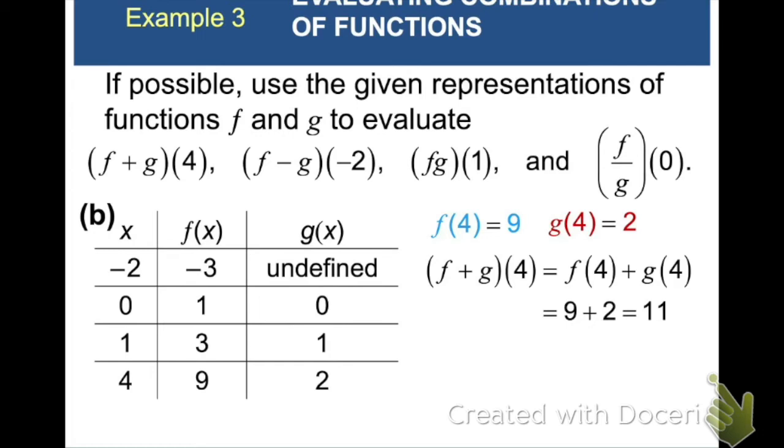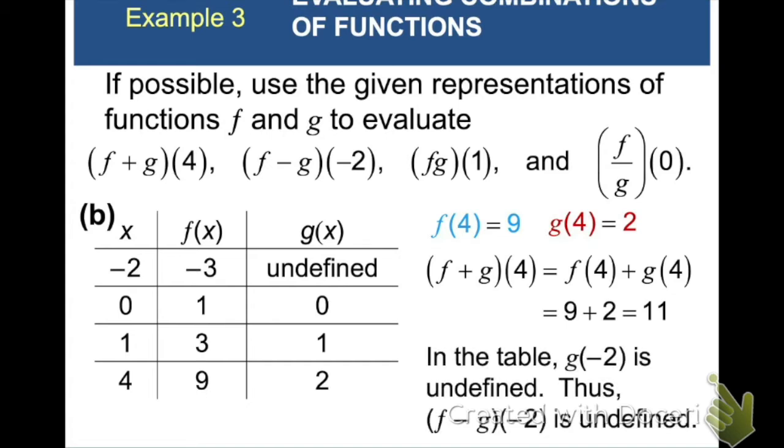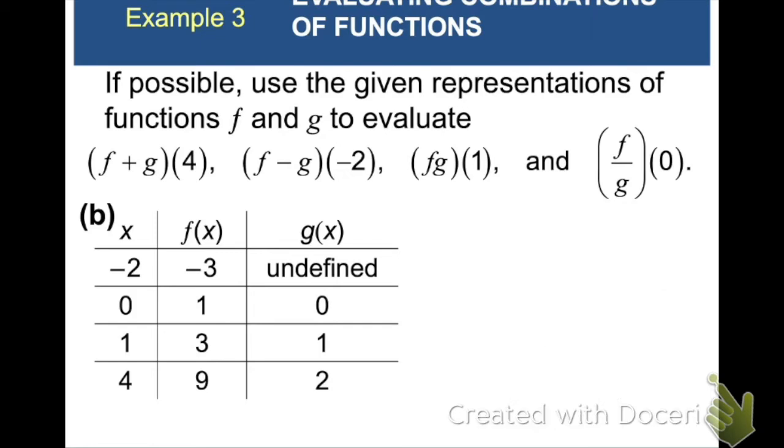Next, for f minus g of negative 2, notice that g is undefined when x is negative 2. So since it's undefined, f minus g of negative 2 is also undefined. For f times g of 1, we need to find f of 1 and g of 1. So go to where x is 1 in the first column, and then we see that f of 1 would be 3, and g of 1 would be 1.